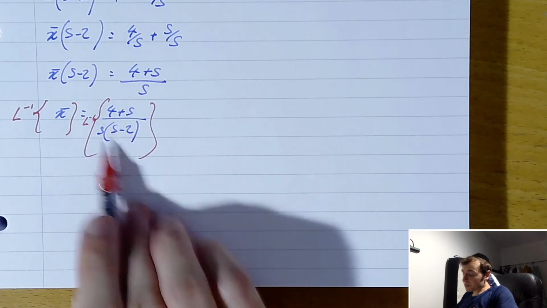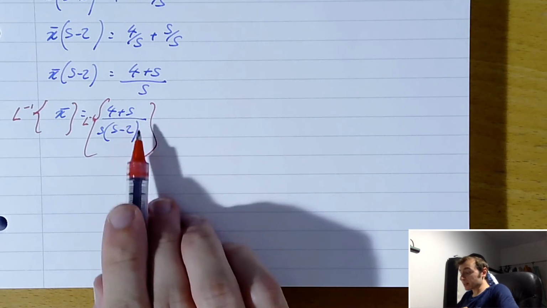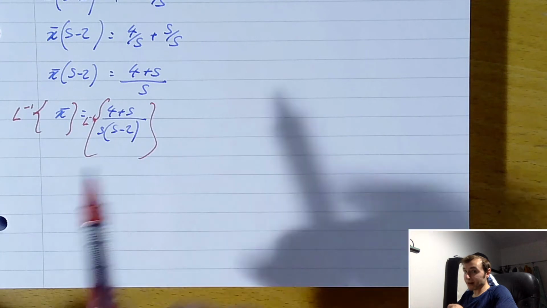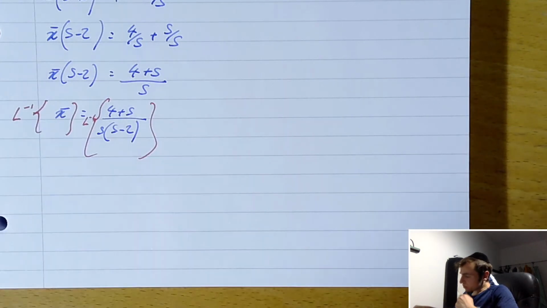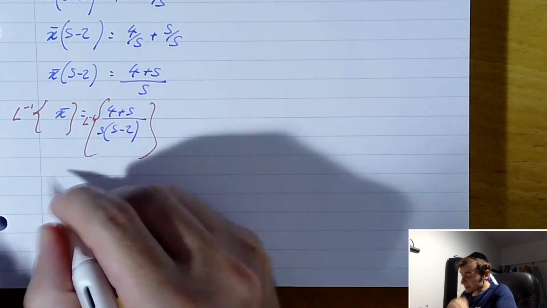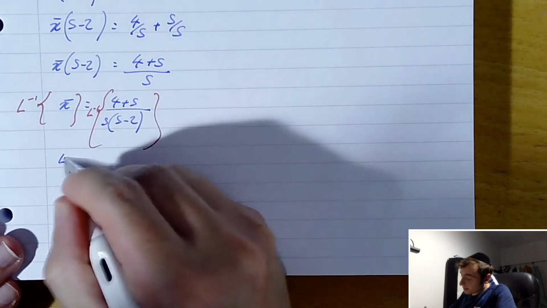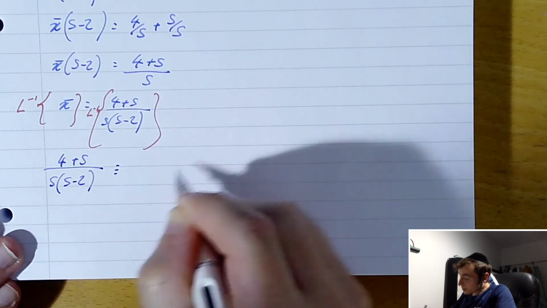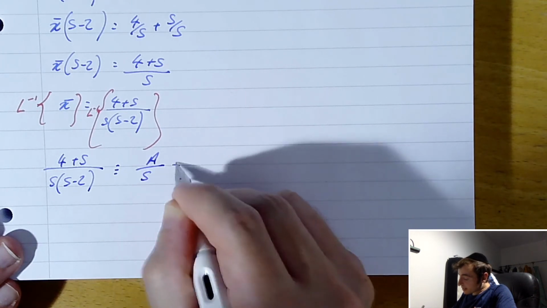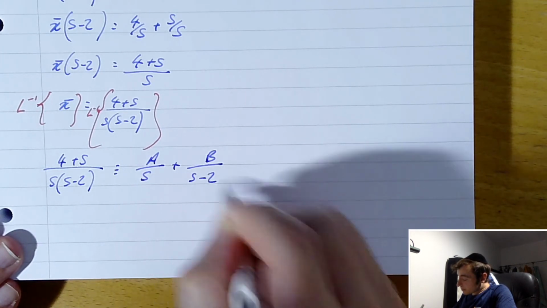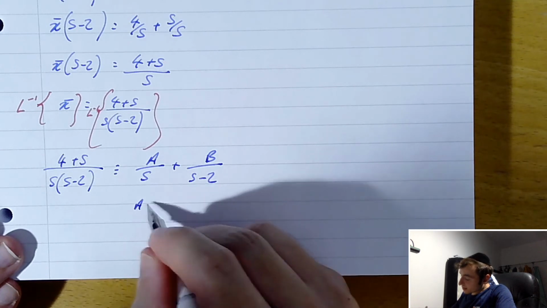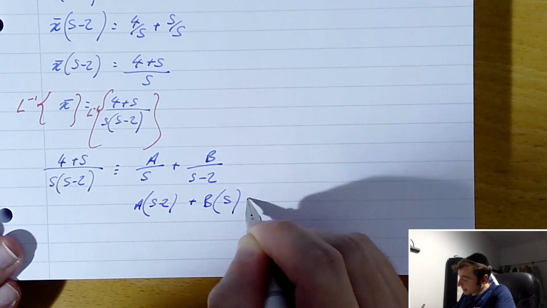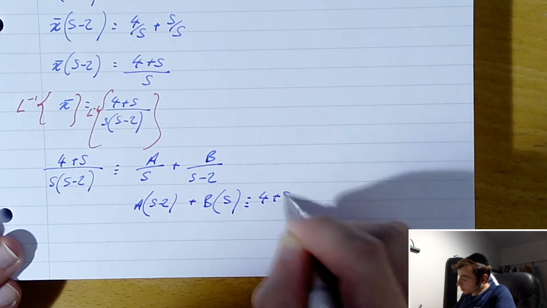That's why it is important to do so much work on inverse Laplace transforms, because this is where all the groundwork is really going to pay off, and on the partial fractions. So if we say that (4 plus s) on s(s minus 2) is identical to A on s plus B on s minus 2, then A(s minus 2) plus B s is identical to 4 plus s.